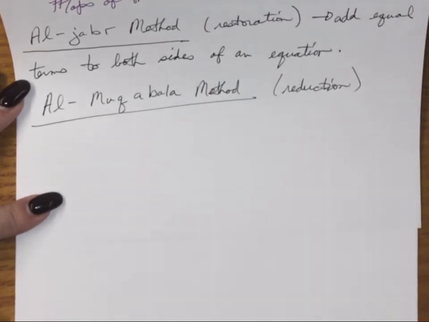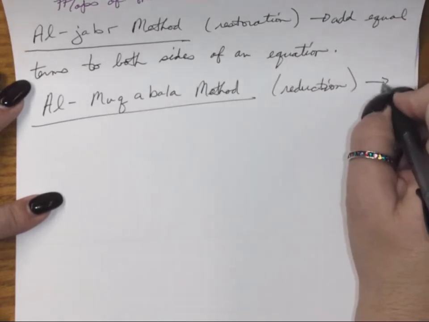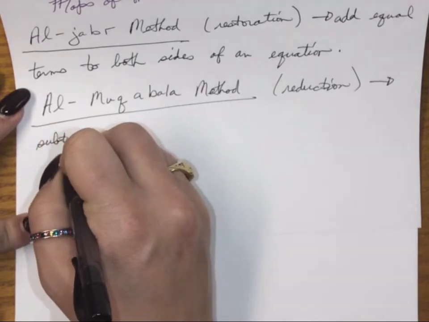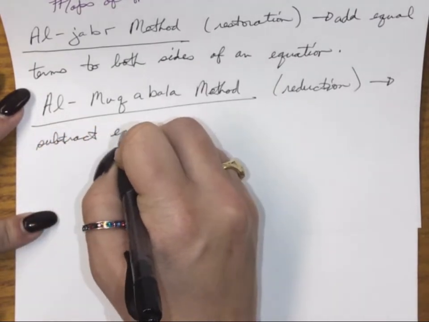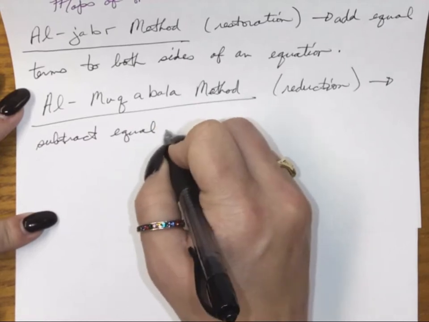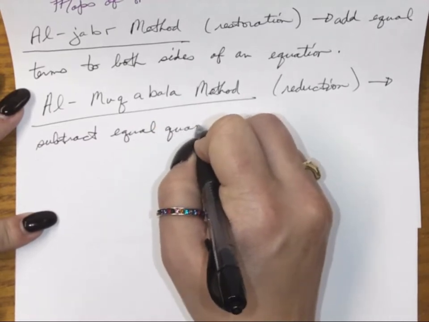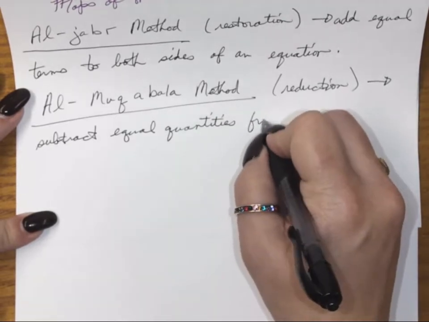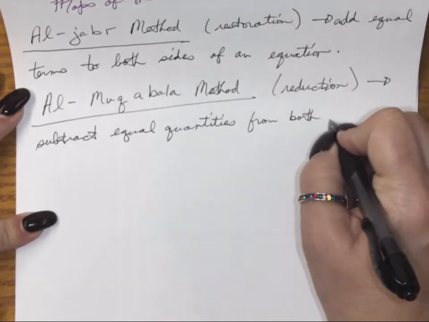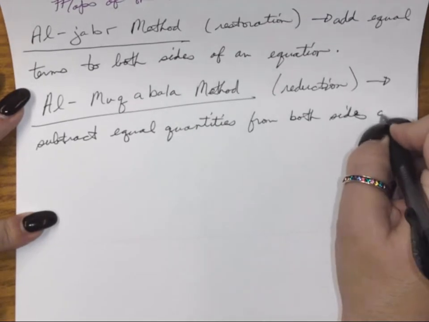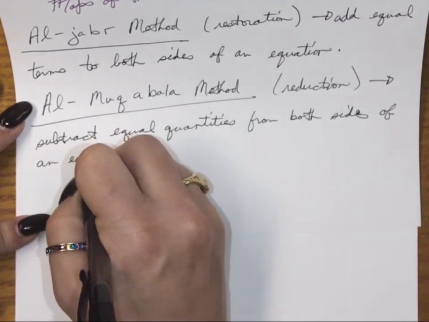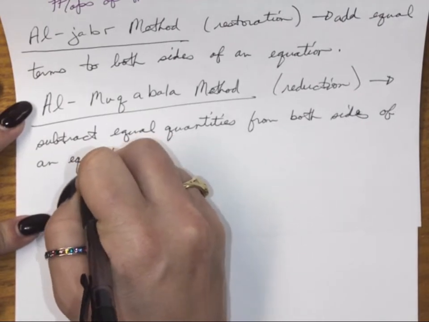If restoration was adding and then we want to reduce, then the reduction method would be, hopefully you guessed it, yep, I can subtract equal amounts or terms or quantities, however you want to think about that. Equal quantities, I'm going to say, from both sides of an equation, in order to reduce something.